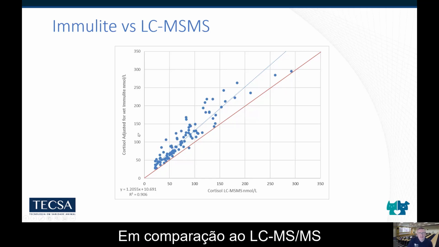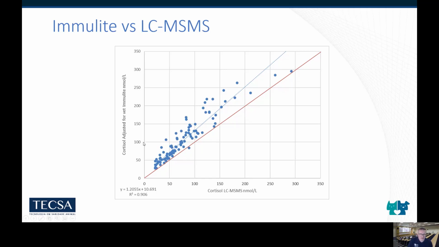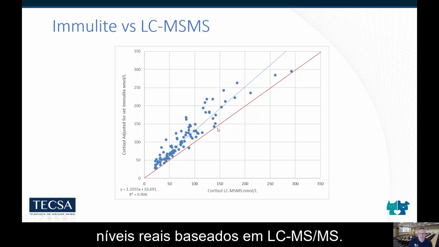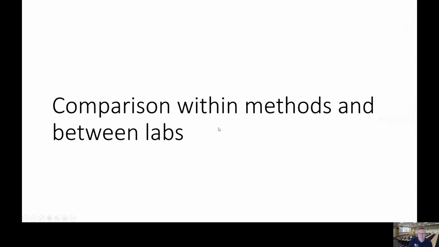Compared to LC-MS/MS at the University of Manchester's hospital method, the new Immulite is generating some results that are substantially higher, quite a bit higher than what the supposed true level is based on LC-MS/MS.